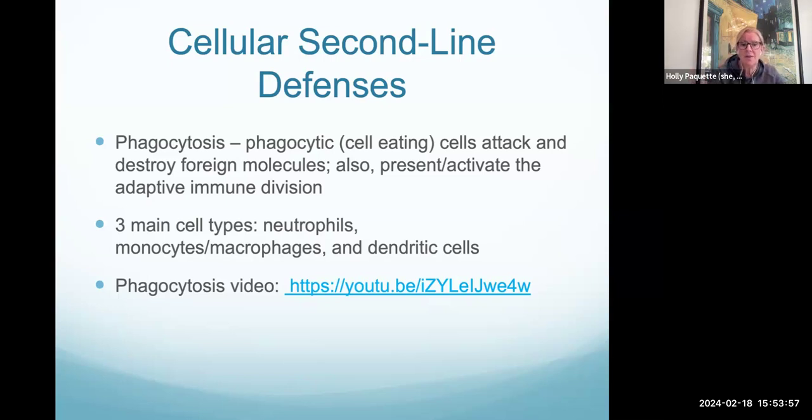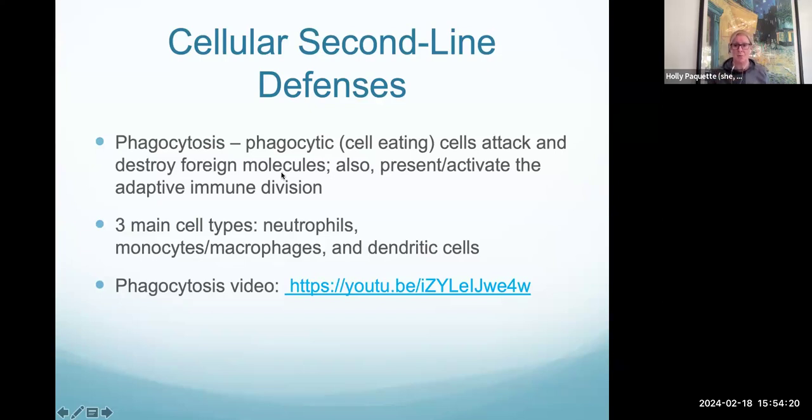The main ones that we think of that do this phagocytosis are neutrophils, monocytes that mature into macrophages, and dendritic cells. These are all white blood cells whose whole job is to do phagocytosis. And phagocytosis just means that they have the ability to attack and destroy foreign molecules.